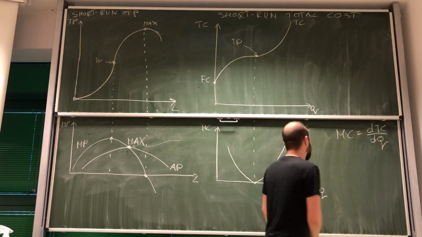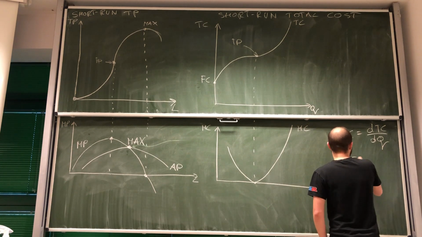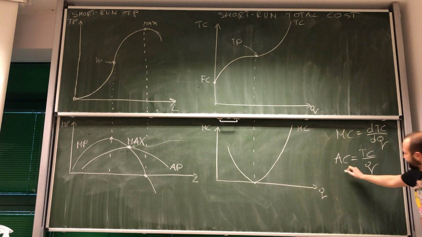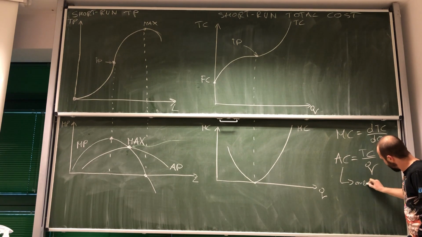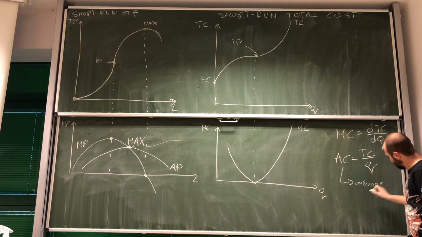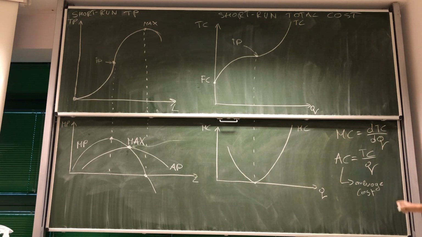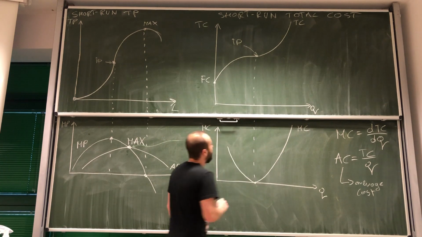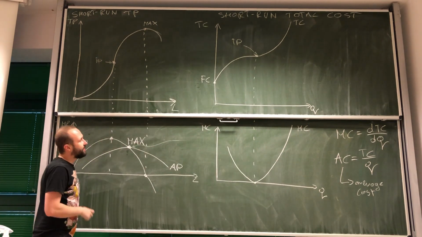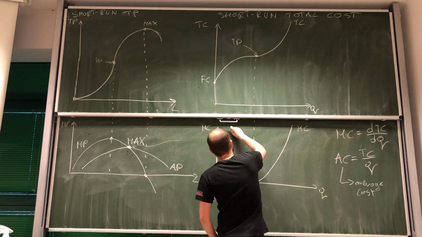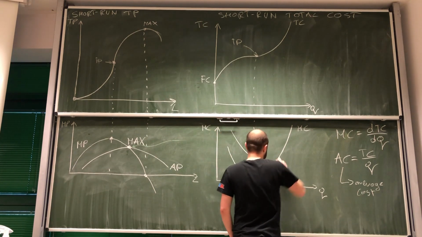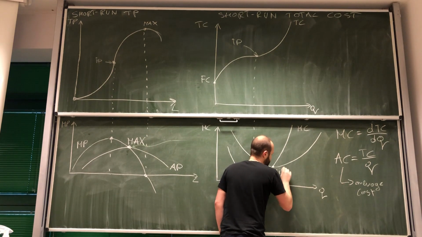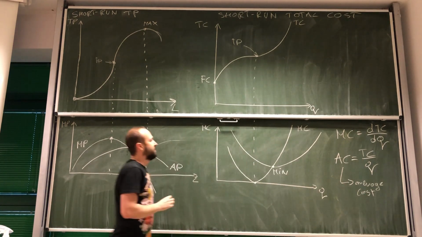Now, average cost is going to be equal to total cost divided by quantity, right? Now, how does average cost look like? Well, again, I can draw this here, and here we have minimum.